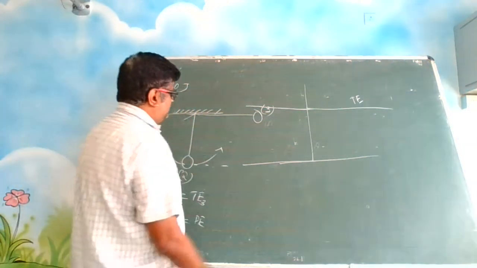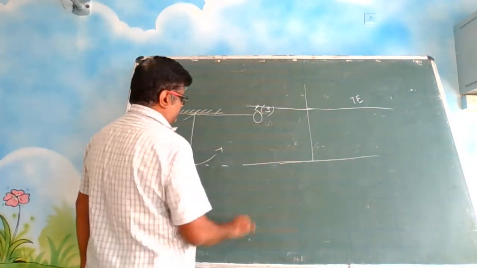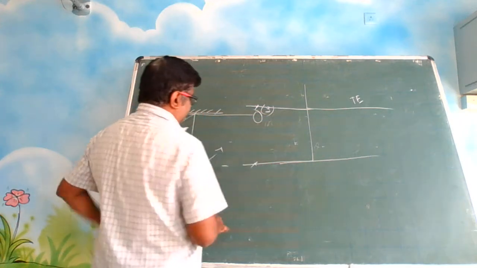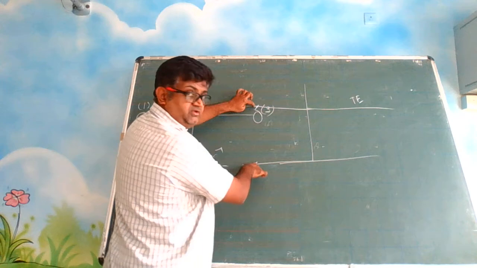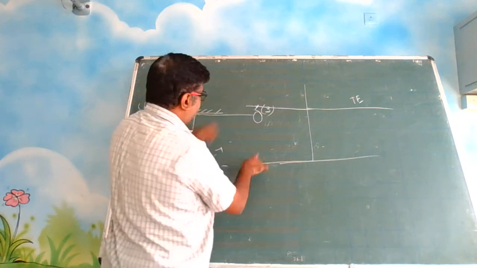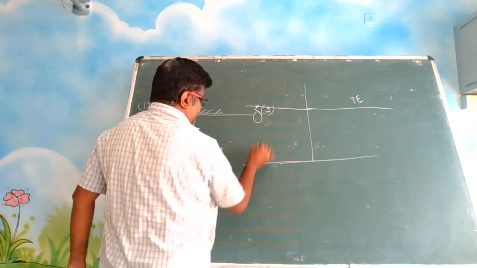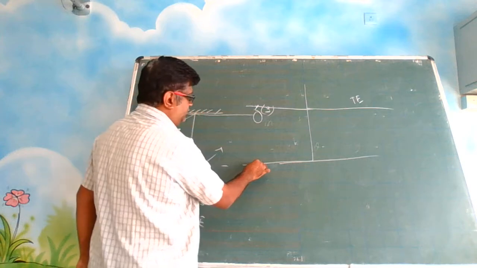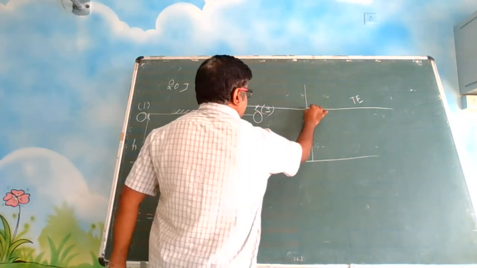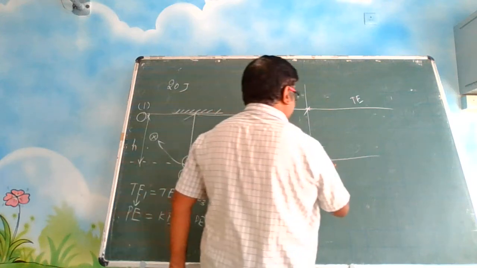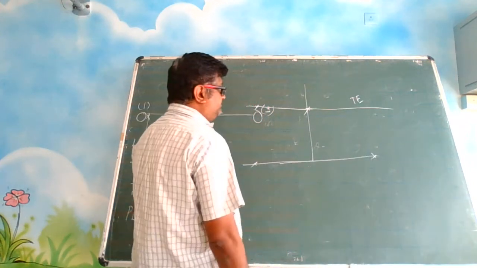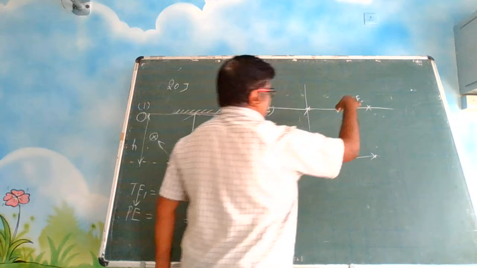Okay. So this point represents potential energy. This point represents kinetic energy. When potential energy is maximum, kinetic energy is minimum. When kinetic energy is maximum, potential energy is minimum. And when kinetic energy is minimum, potential energy is maximum.